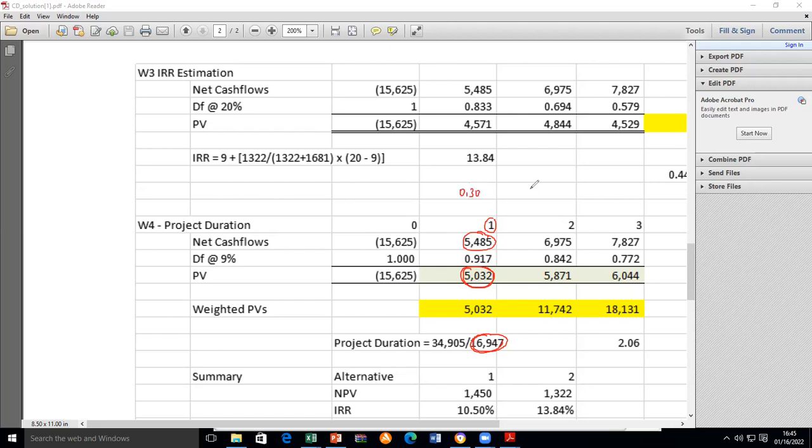Okay. Let's repeat the process here. 5871 over 16,947 multiplied by 2. What do you find?